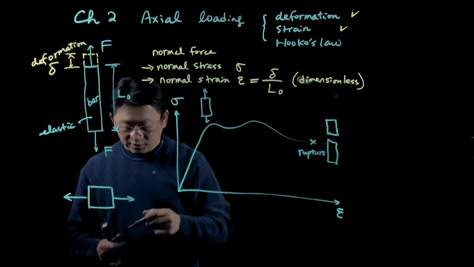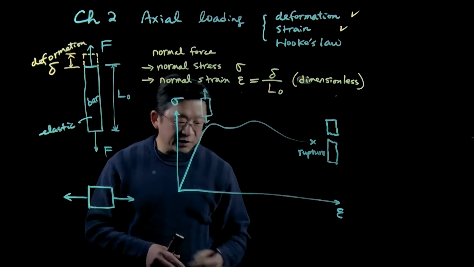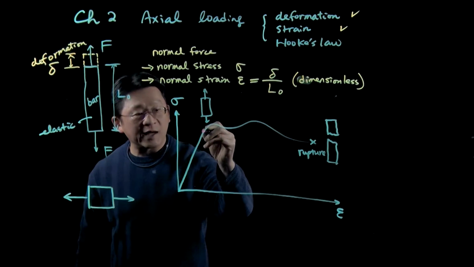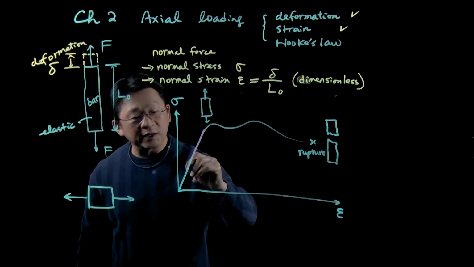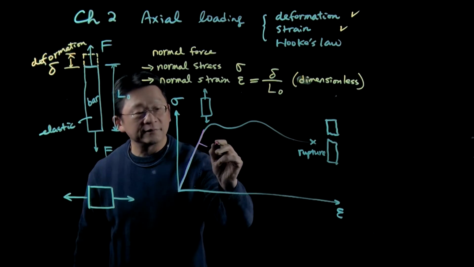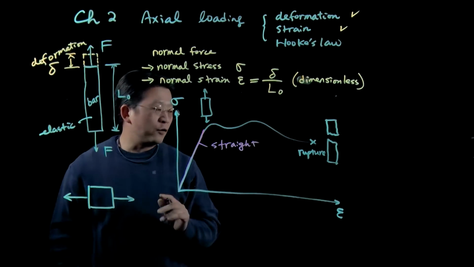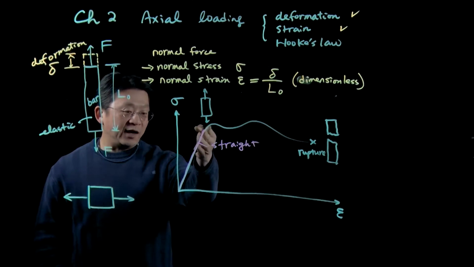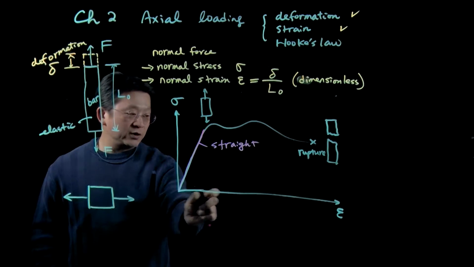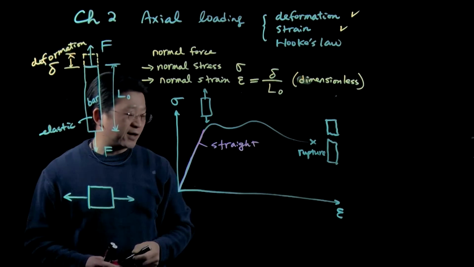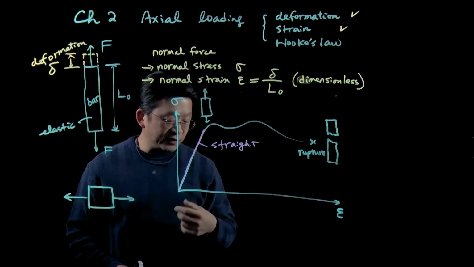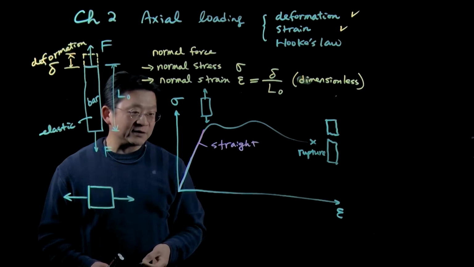In a certain domain, in particular I want to highlight this range, this is a straight line. For all natural materials, at the initial range of epsilon, this is always a straight line, and that is a very specific material property.